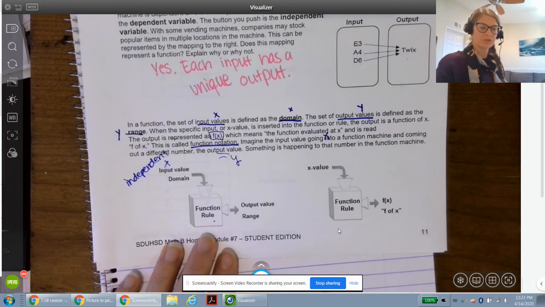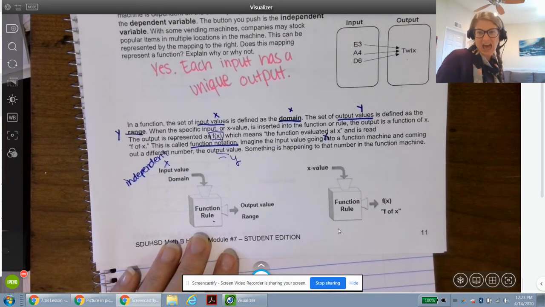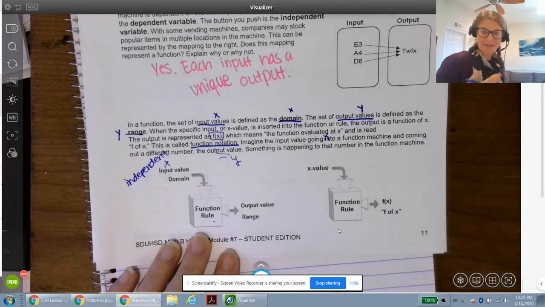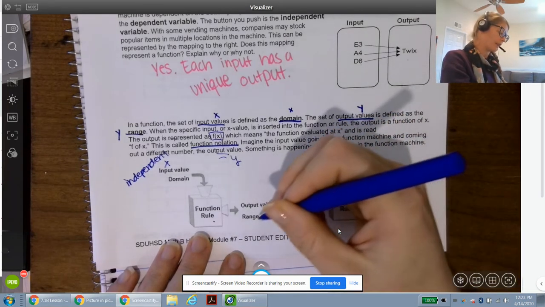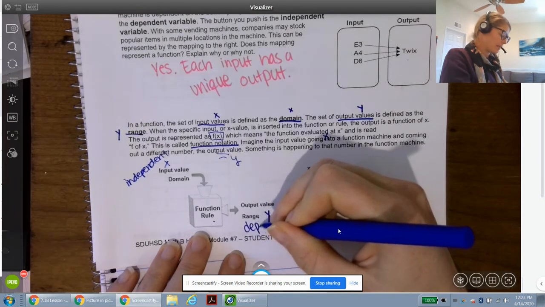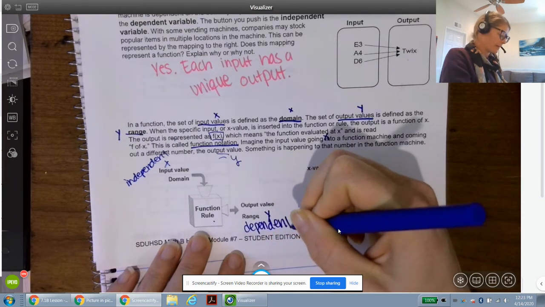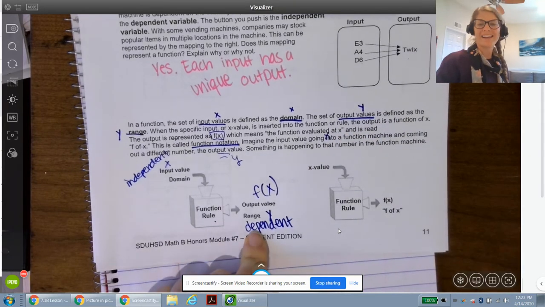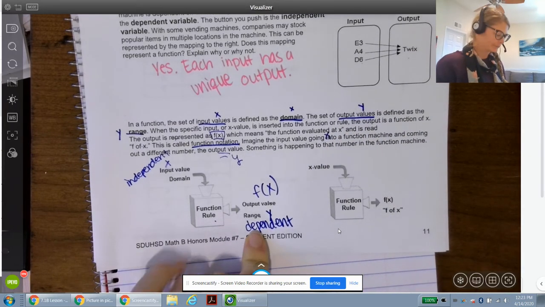Goes into your function rule. Maybe it's getting added, maybe it's getting multiplied, maybe it's getting divided, maybe it's being raised to an exponent, and then it pops out after it gets evaluated as your output value, your range, your Y value, your dependent value, or your f of X. So Y has one extra synonym for it.